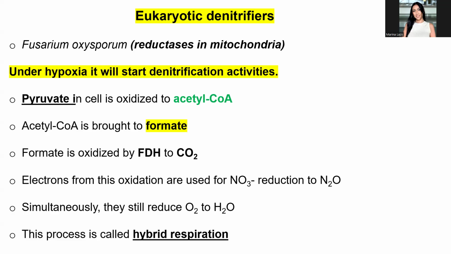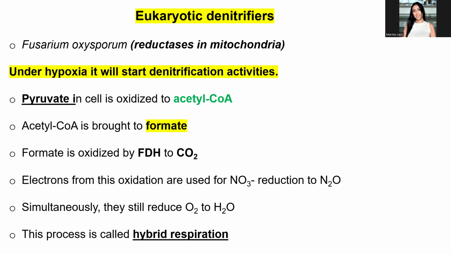What's happening in the cell starts from pyruvate. Pyruvate gets oxidized to acetyl-coenzyme A, which is converted to formate. Formate gets converted by formate dehydrogenase to carbon dioxide, and electrons from that formate oxidation are used for nitrite reduction, and you get nitrous oxide production.